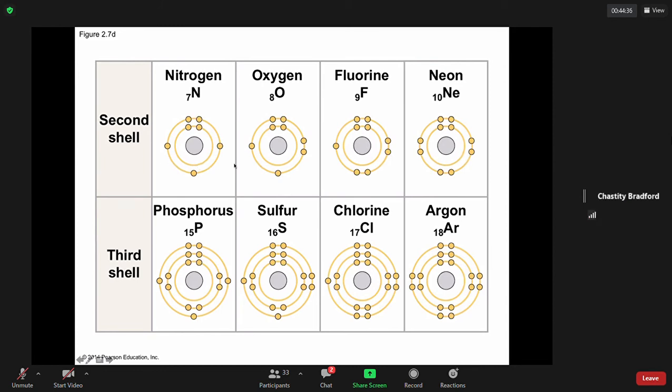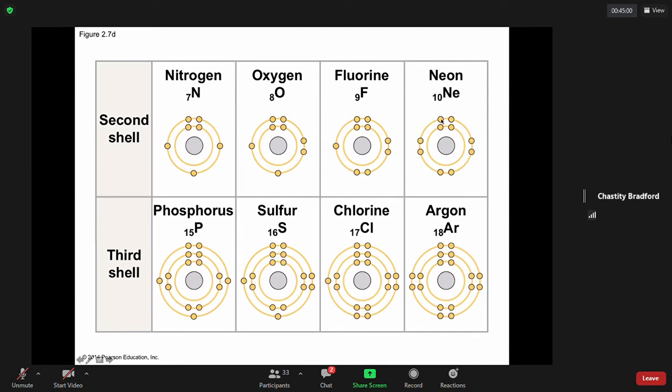And as we moved to the right, more and more electrons were being added. So nitrogen had 5 in its valence shell. Oxygen had 6. Fluorine has 7. Neon has 8 in its valence shell.